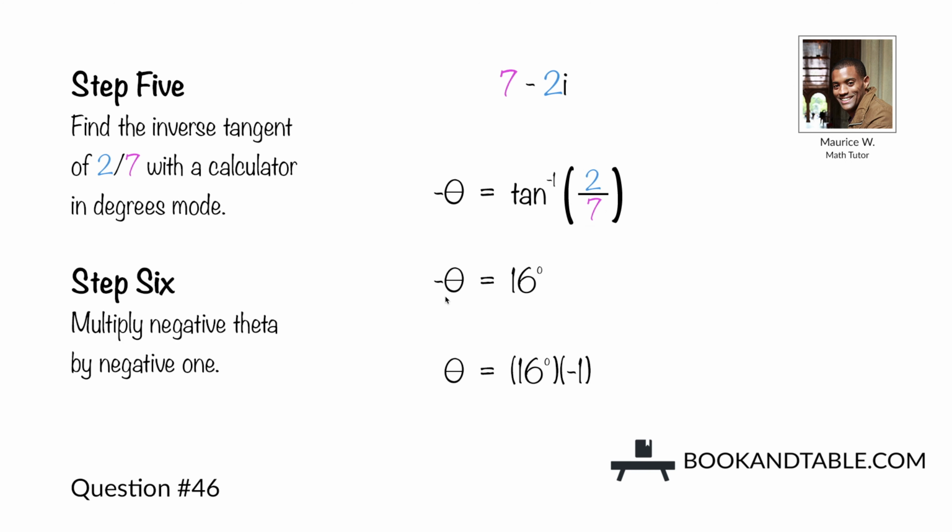To get just theta, we want to multiply both sides by negative 1, giving us theta is equal to 16 degrees times negative 1, which shows us that the argument, or theta, is equal to negative 16 degrees.